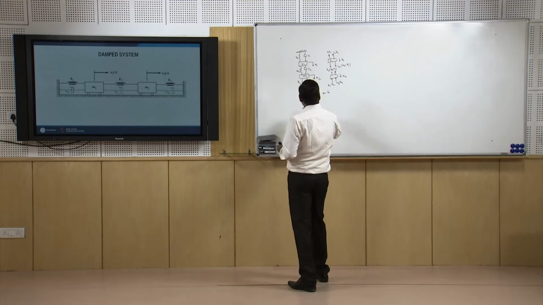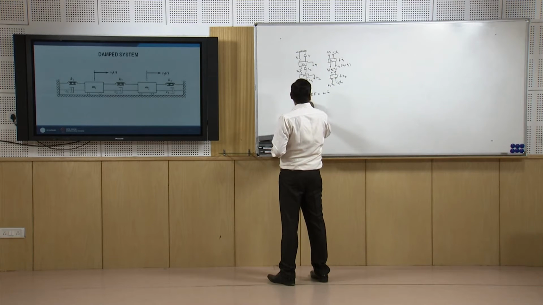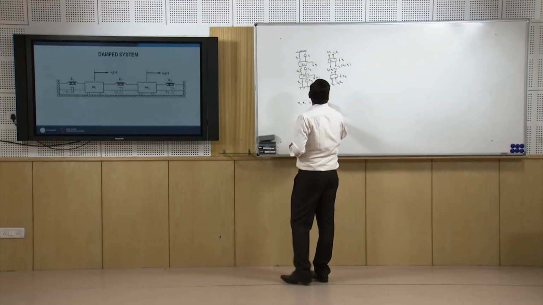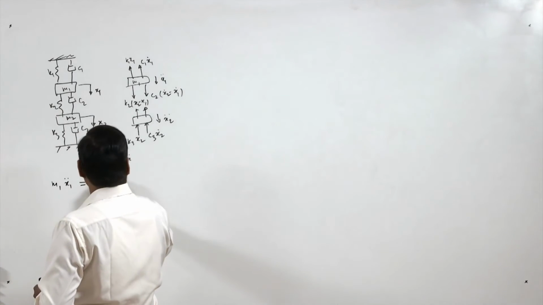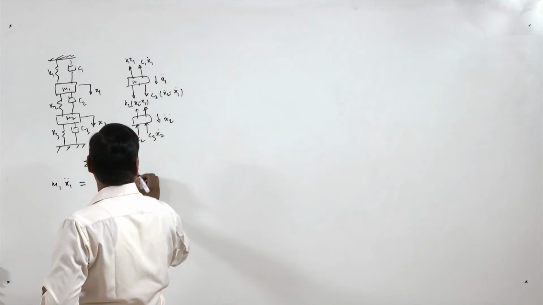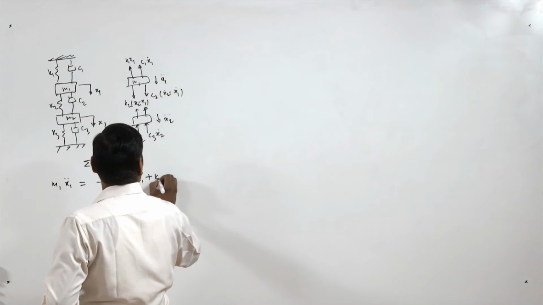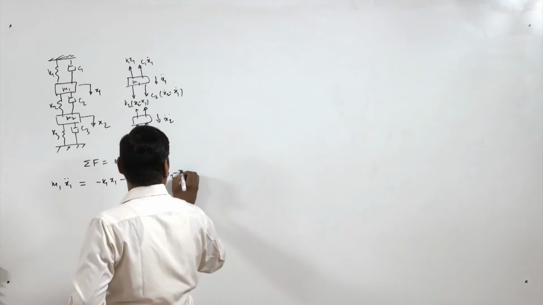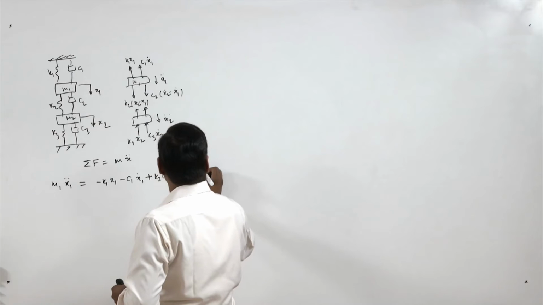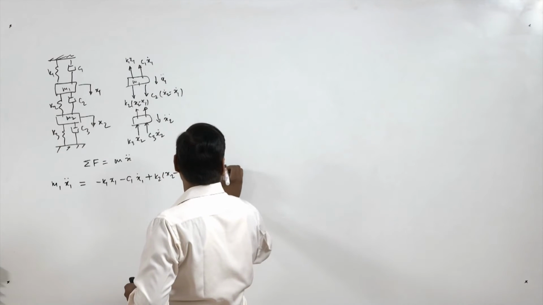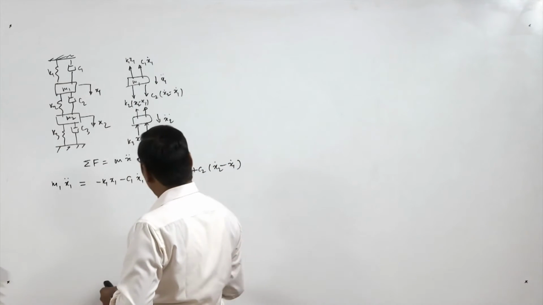So, here for example m1 x1 double dot equal to minus k1 x1 minus c1 x1 dot, then plus k2 (x2 minus x1) and plus c2 (x2 dot minus x1 dot).